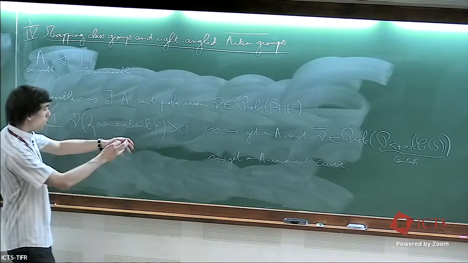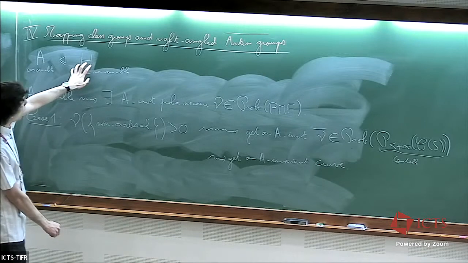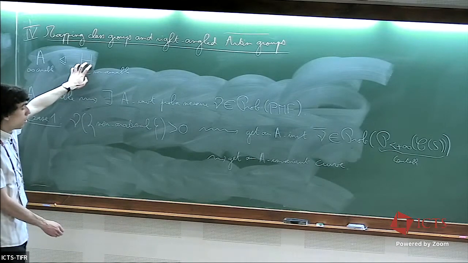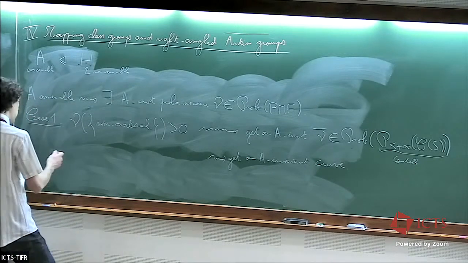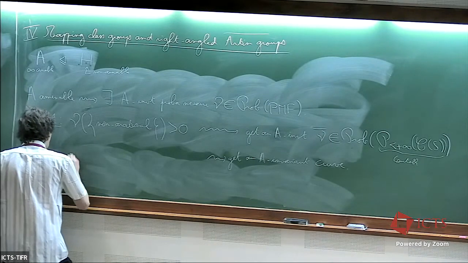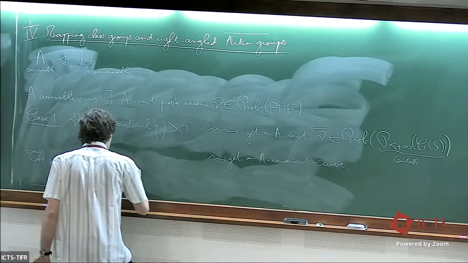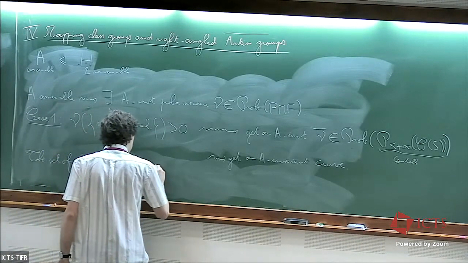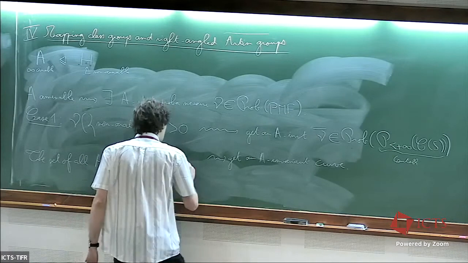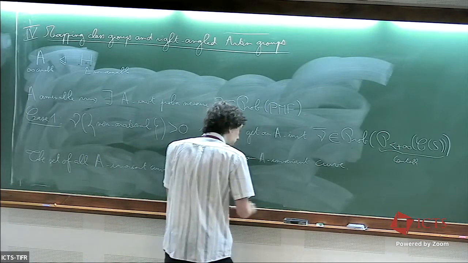Okay, so you have this A-invariant curve, but the goal is to find one which is H-invariant. And the only thing you know for now is that the set of all A-invariant curves, which is non-empty, is H-invariant, but H could permute them.